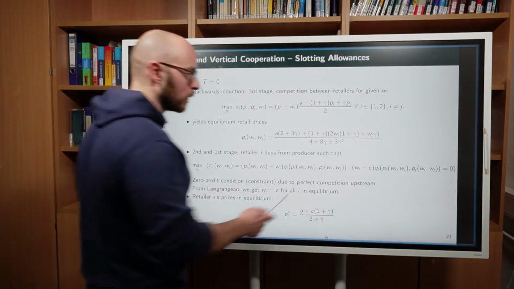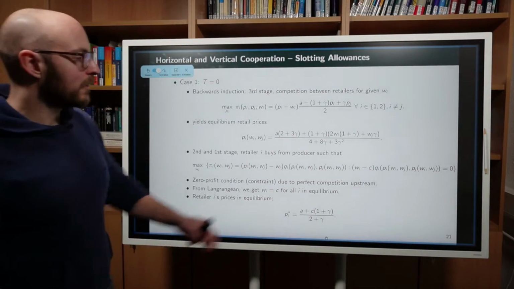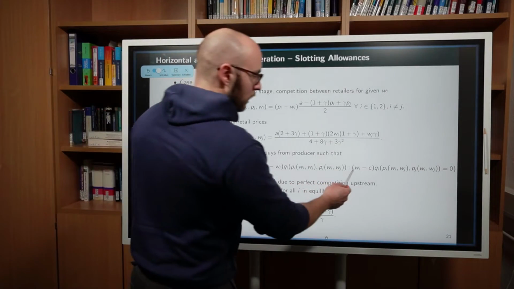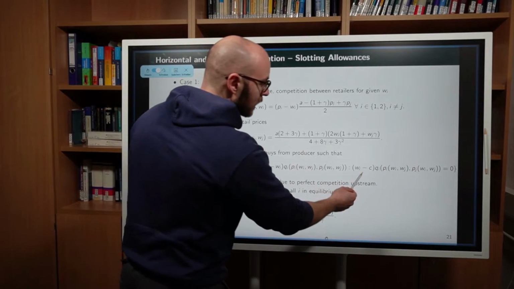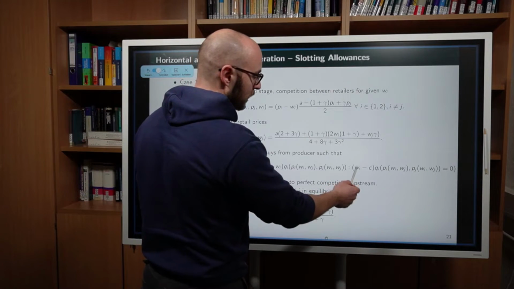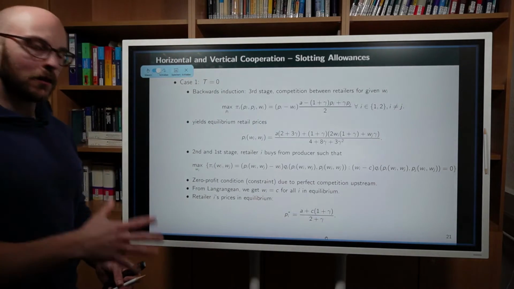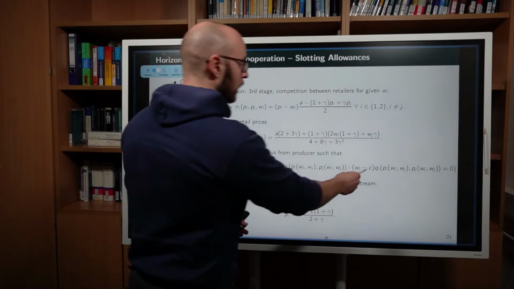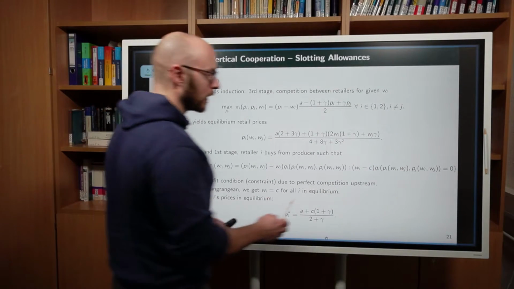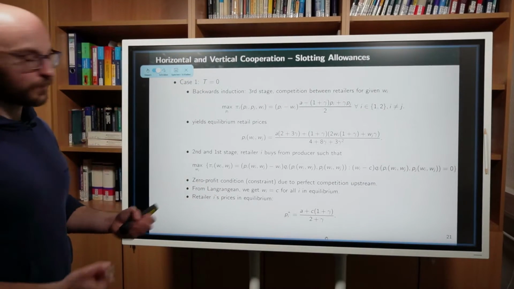So we anticipate the equilibrium condition and include it here as a constraint. This is the upstream profits of selling to firm i: the wholesale price that is charged to firm i, minus the marginal costs of production, which are symmetric, times the quantity, right? And this has to be 0.